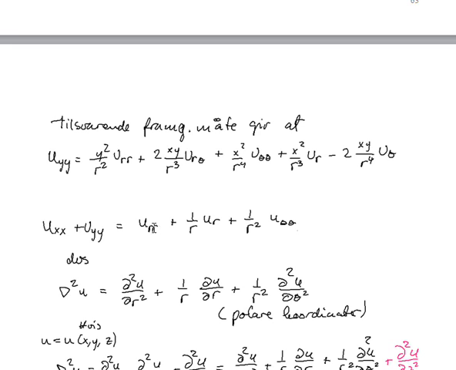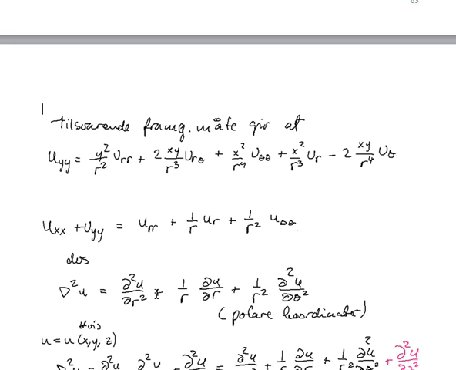Thus, in other words, the square of nabla, the Laplacian of u, is given by the second partial derivative of u with respect to r, plus 1 over r multiplied with the derivative of u with respect to r, plus 1 over r squared multiplied with the second derivative of u with respect to theta.